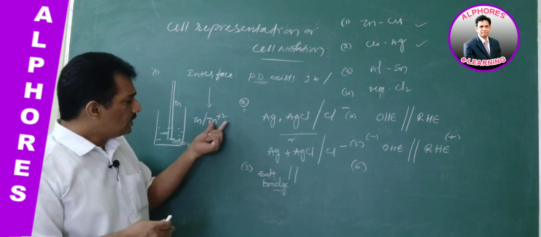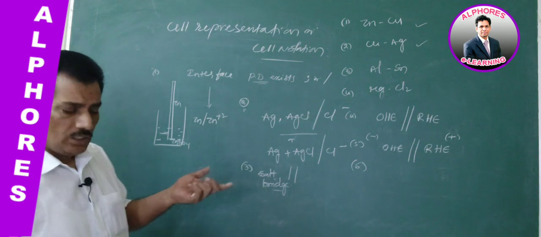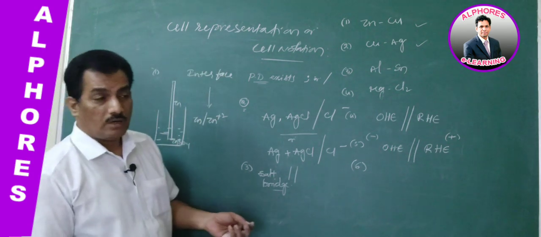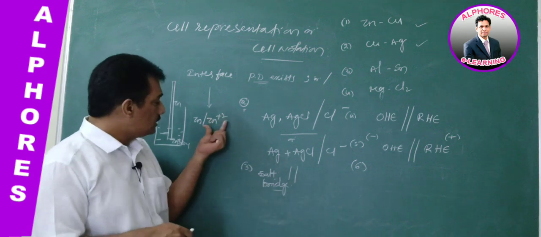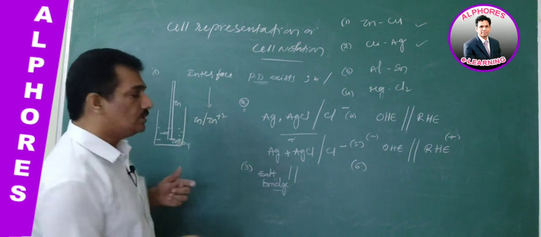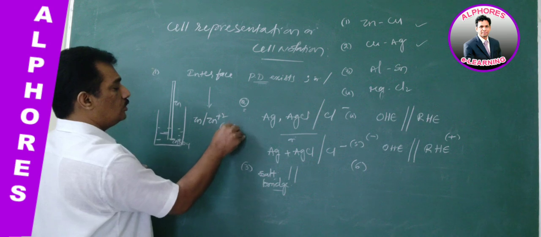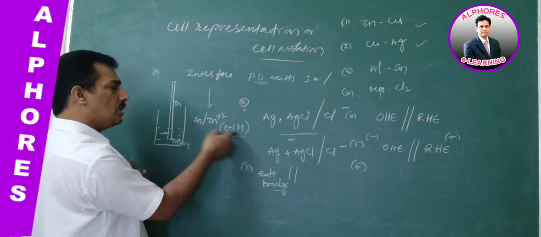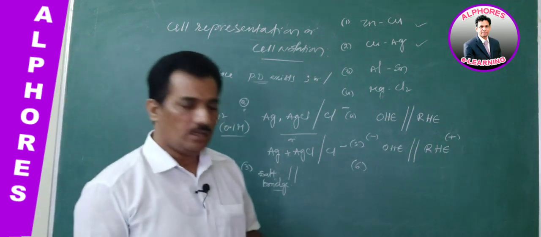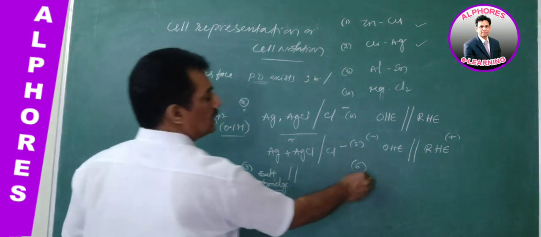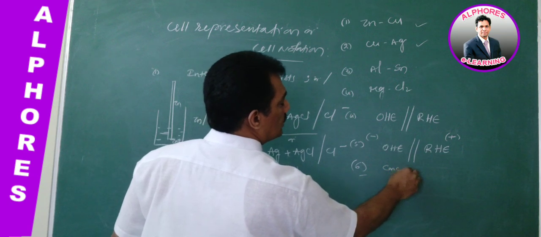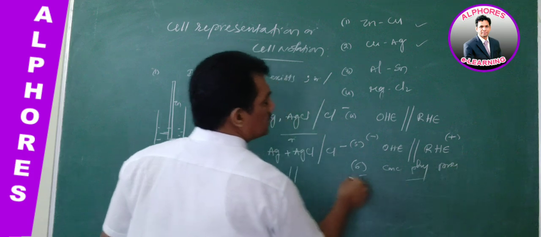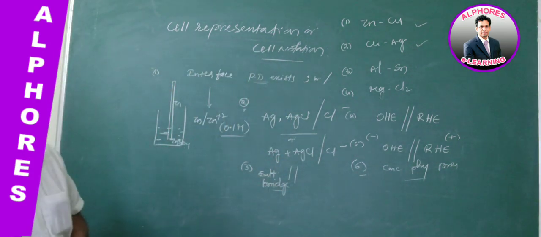What is the concentration of this Zn plus 2? If it is unity, you need not represent it, though you can. If it is other than unity, you have to write that concentration term, like 0.1 molar or 0.001 molar, whatever the concentration. Clear? That is the sixth one: concentration terms, physical states or pressures can all be represented within the cell notation.